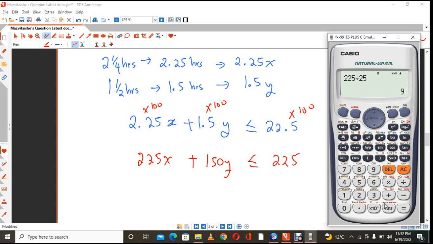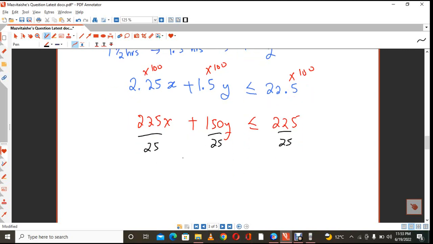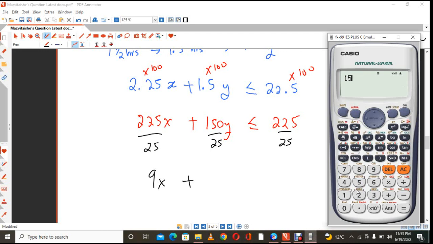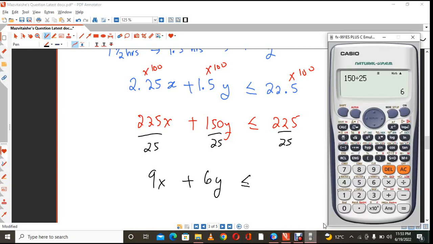So if we divide these numbers by 25, this one gave me 9x, and 150 divided by 25 gives you 6, so that's 6y.